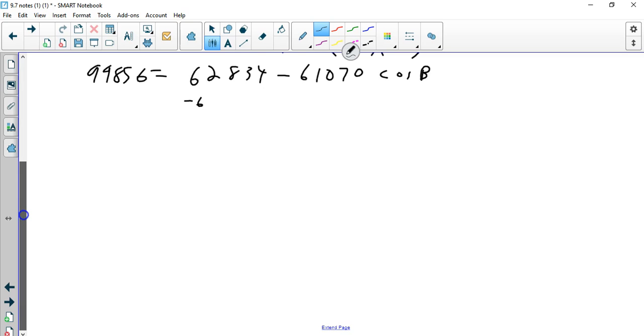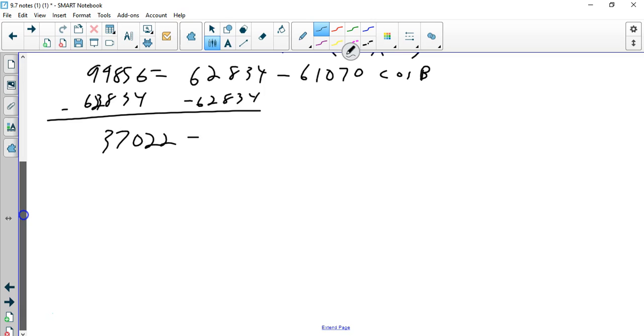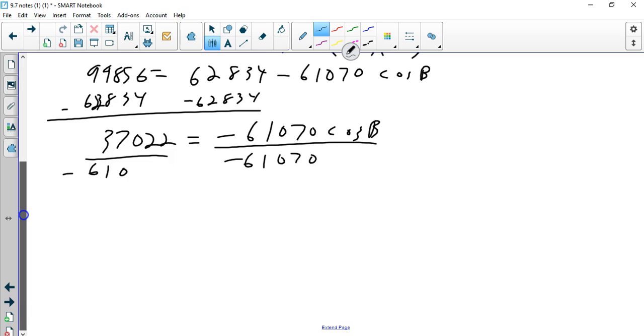Basic problem solving, we're going to subtract 62,834 from both sides. And that's going to give me 37,022 equals negative 61,070 cosine of B. Again, we're trying to get this by itself, so we're going to divide by negative 61,070 on both sides. Cancels.